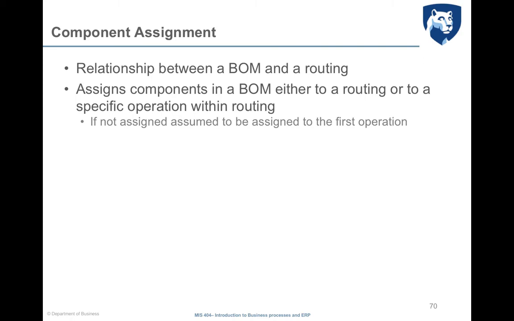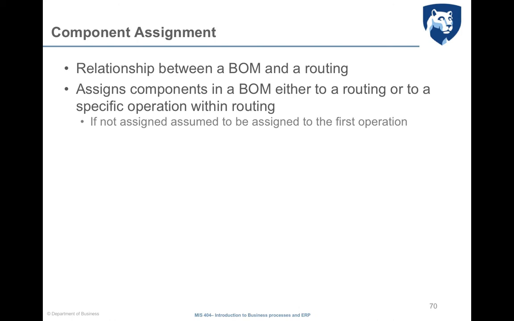Then, to conclude, it is also useful to deep dive into two concepts which are relevant and which are linked to data stored in ERP relating to the production system, which are component assignment and production capacity. Let's start with component assignment.